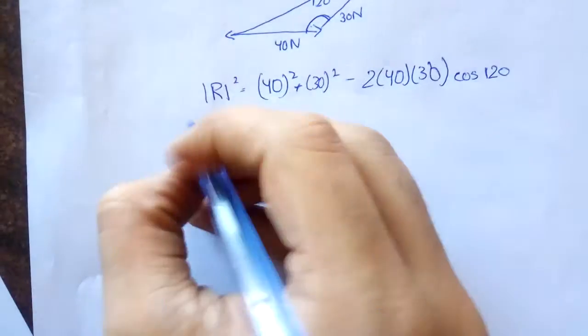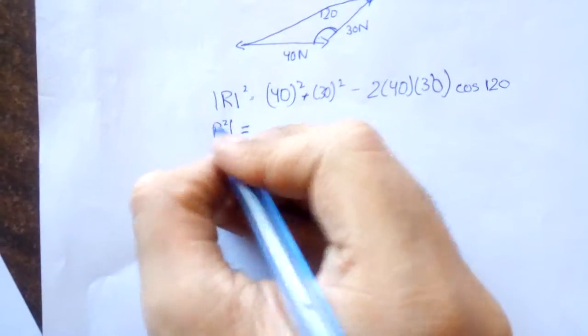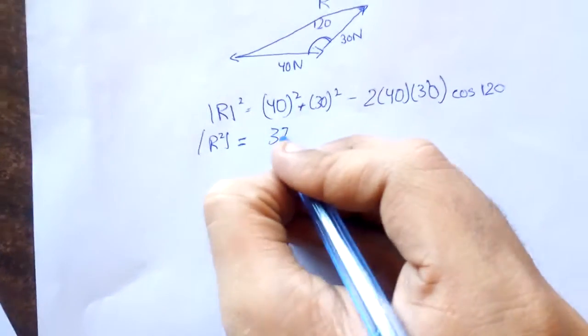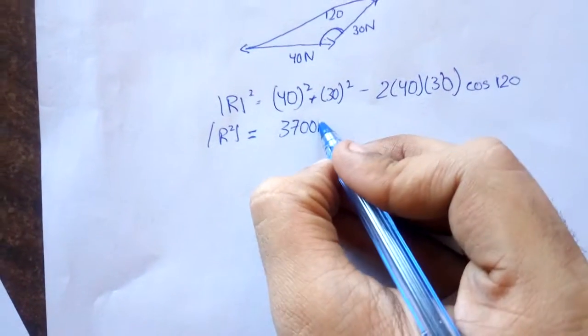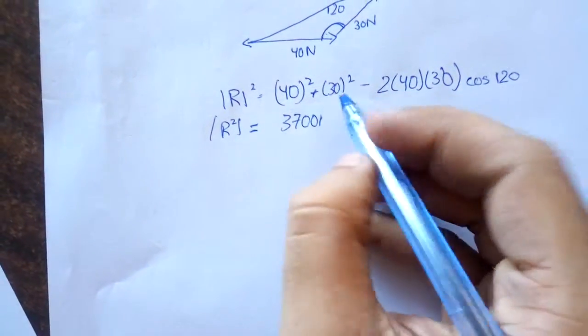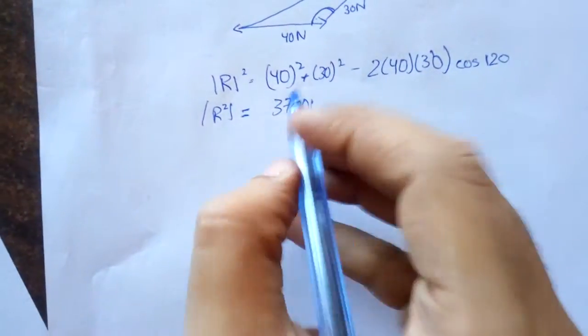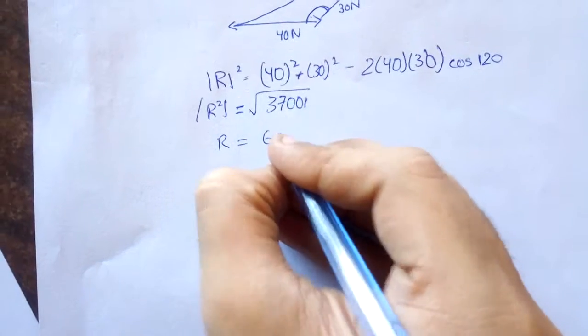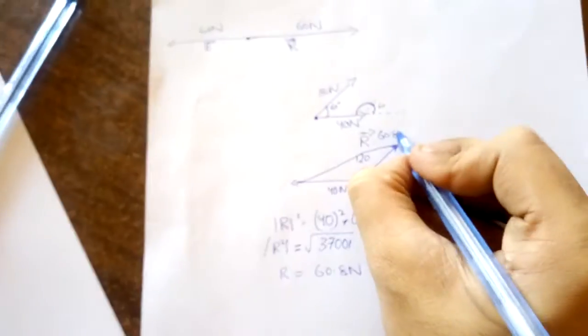You can use your calculators, but I know what the answer is. After finishing all this and square rooting, we'll get 60.8 newtons. So this will be 60.8 newtons.